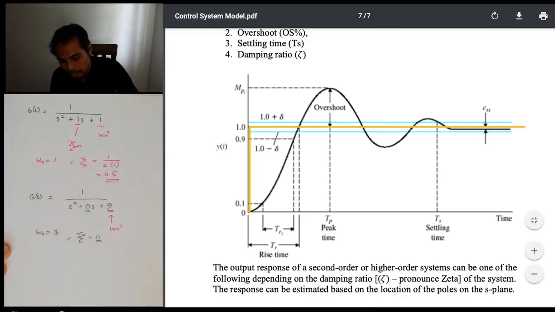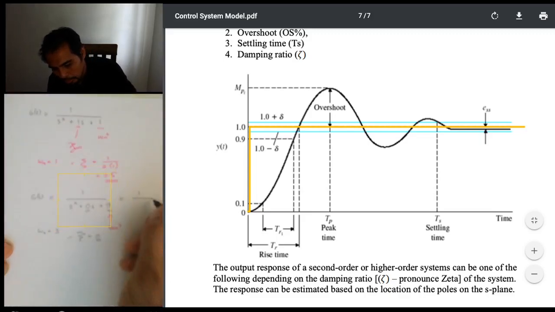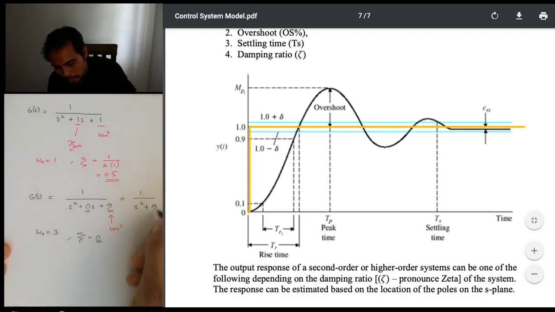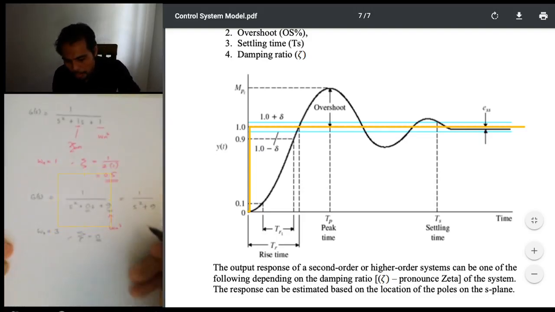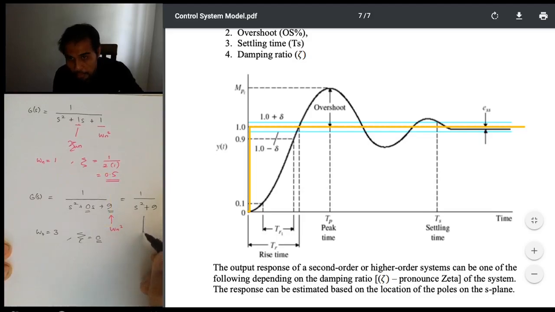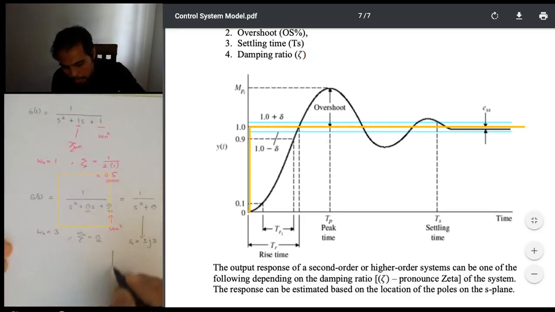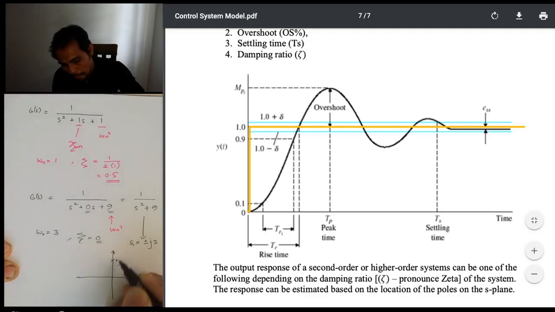This is equivalent to s squared plus 9, so the system will have a set of roots s equal to plus minus j3, which is on the imaginary axis.